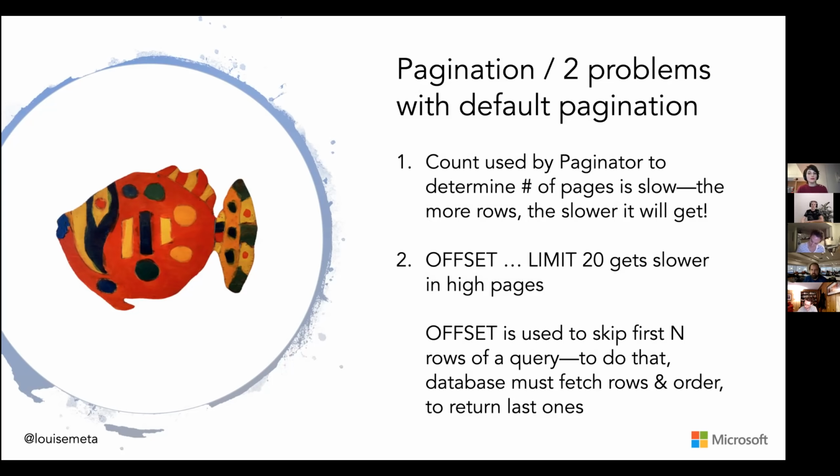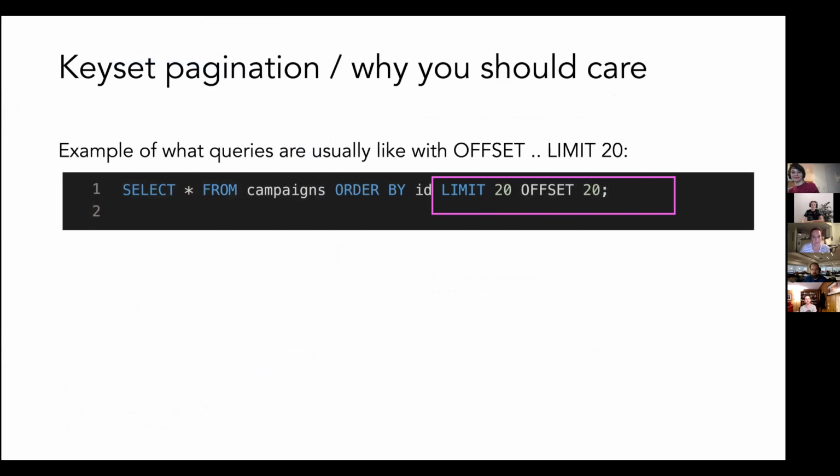So what can you do to replace that default paginator? Because it's kind of weird to just say, oh, that's terrible, and not give you an alternative. The best thing that you can do is use what we call keyset pagination.